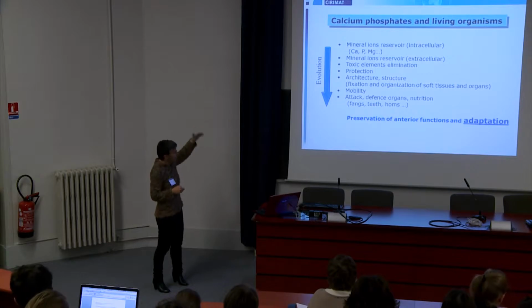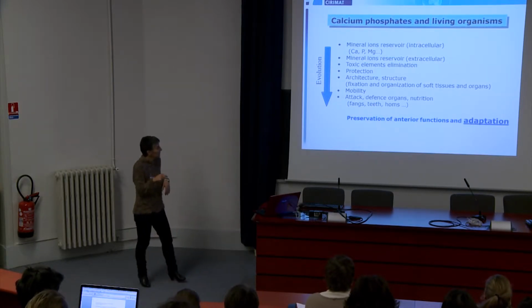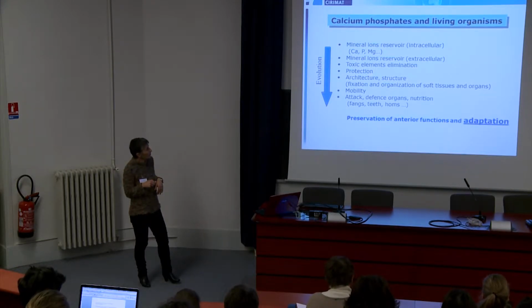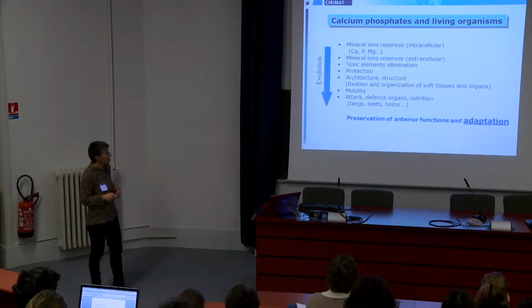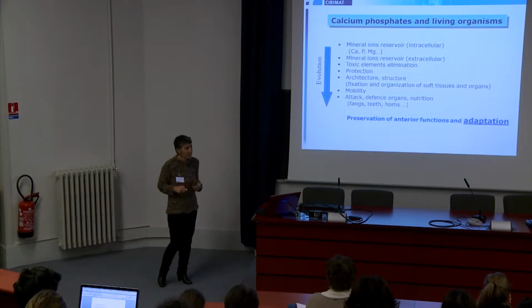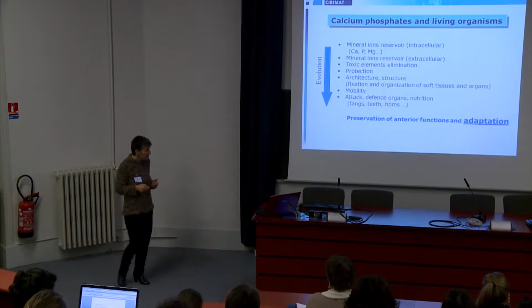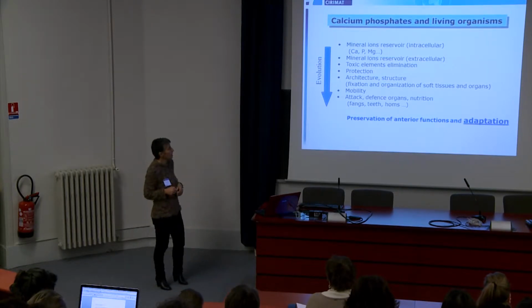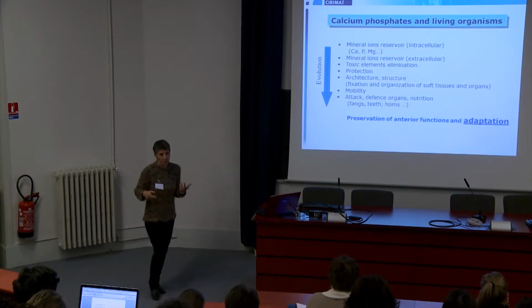Then I will skip some steps until, for example, architecture and structuration of the body with fixation and organization of the soft tissue and organs, then the mobility, then the defense, the nutrition with the teeth, for example. So all along the evolution, we preserve the anterior functions of minerals, but there was also adaptation.